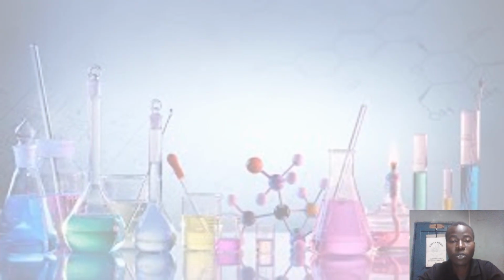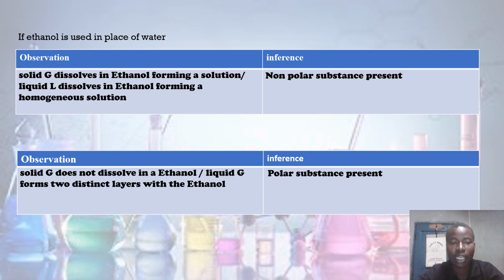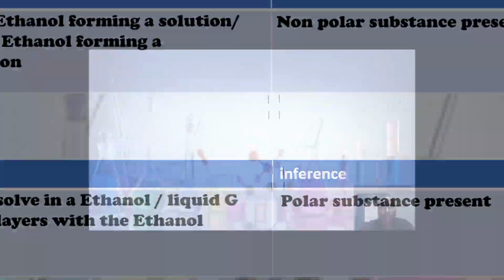Alternatively, apart from using water, we can also use ethanol as our solvent. And if that solid or that liquid dissolves in ethanol, it means that a nonpolar substance is present. And if it does not dissolve in ethanol, it means that a polar substance is present.